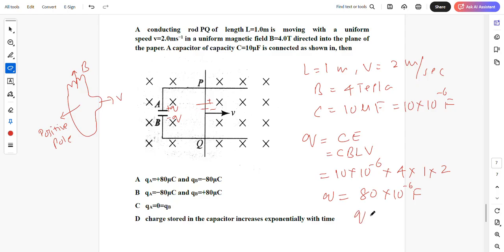That is Q is equal to 80 microcoulomb. Therefore, plus 80 microcoulomb on one plate, and minus 80 microcoulomb on the other.